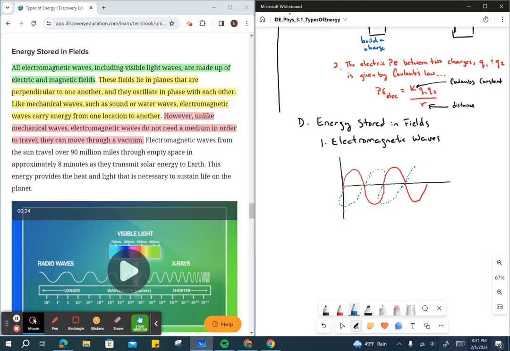I'm trying to draw this so you can see that these things travel perpendicular to each other. So you could have this one be like a y-axis, right? Positive and negative. And I guess we could say that this could be a z-axis.